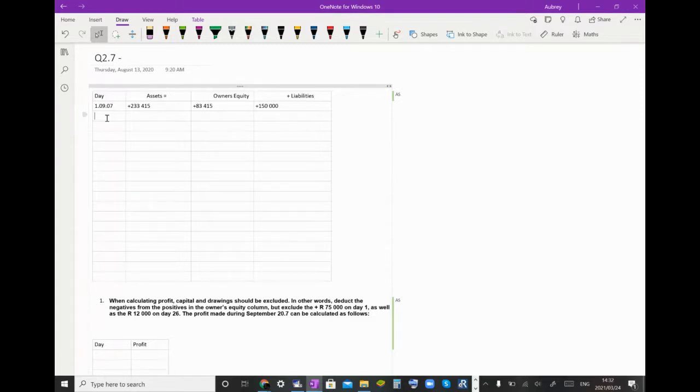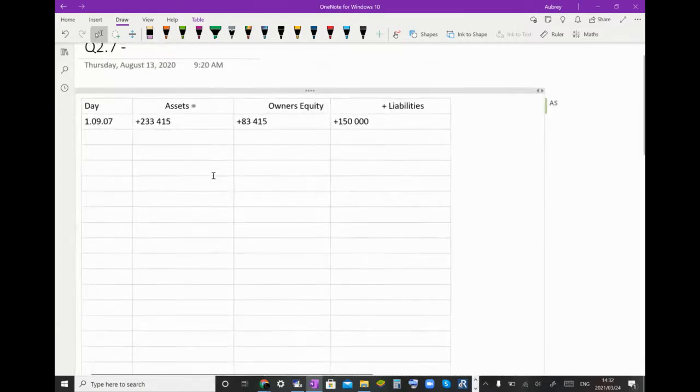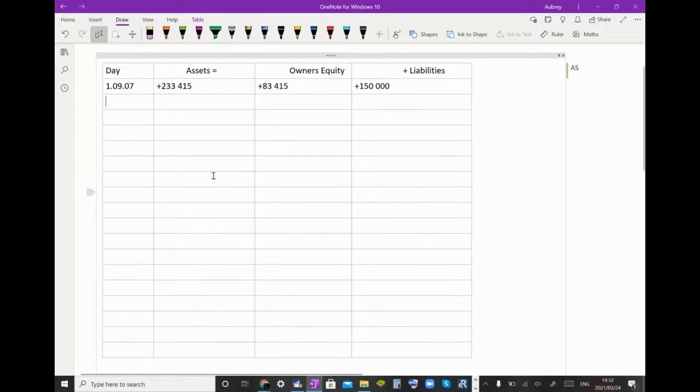Yes, owner's equity, but which specific account? In other words, bank. Business account, in other words, bank. Yes, capital is also affected. Okay, cool.